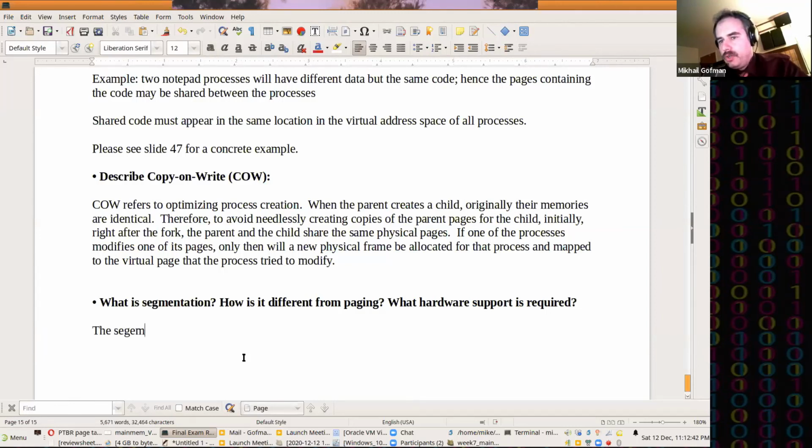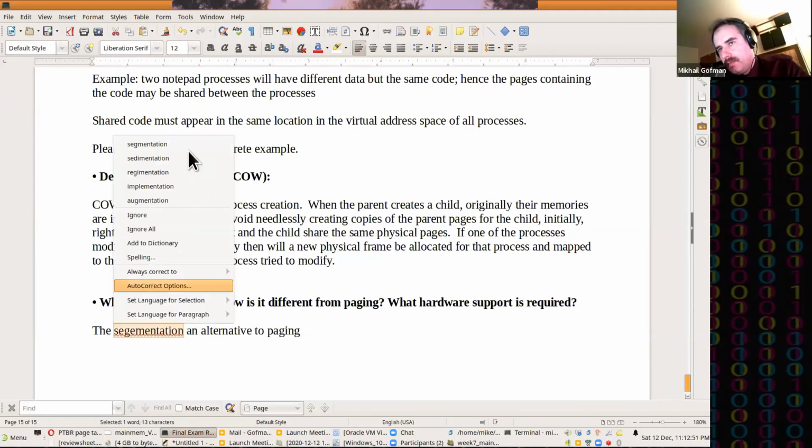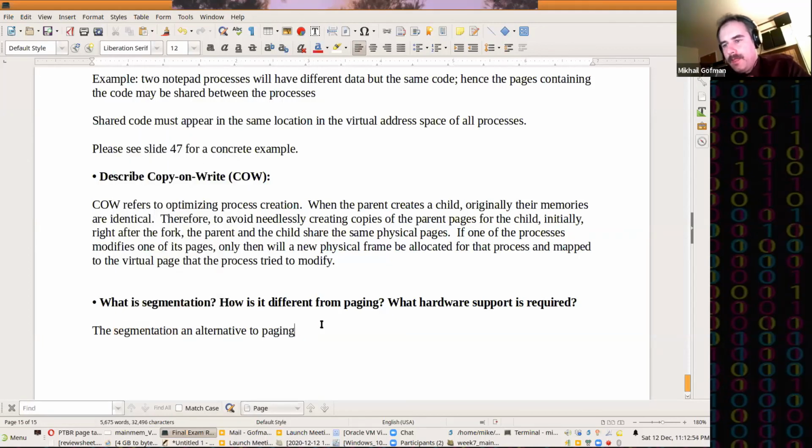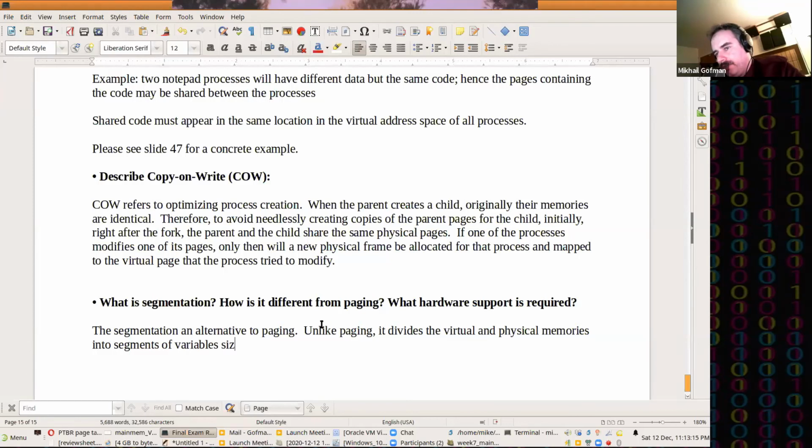Segmentation is an alternative to paging. Unlike paging, it divides the virtual and physical memories into segments of variable sizes.